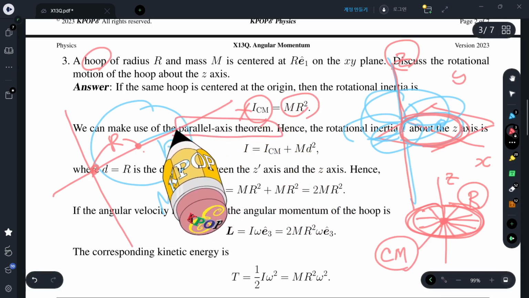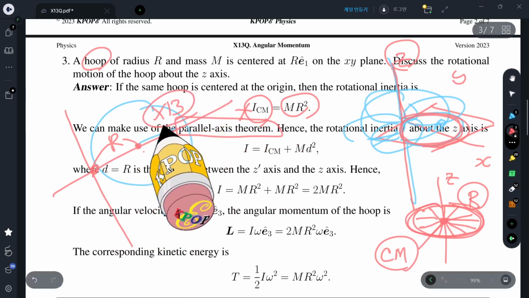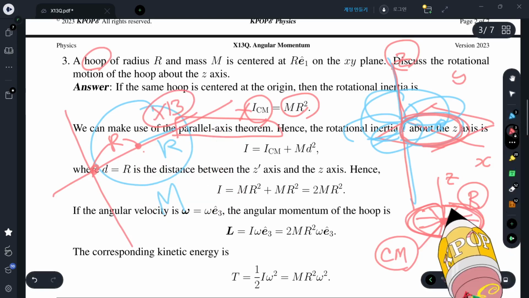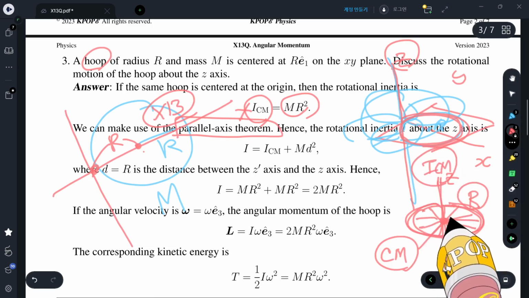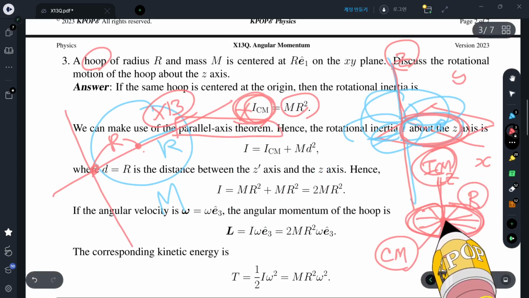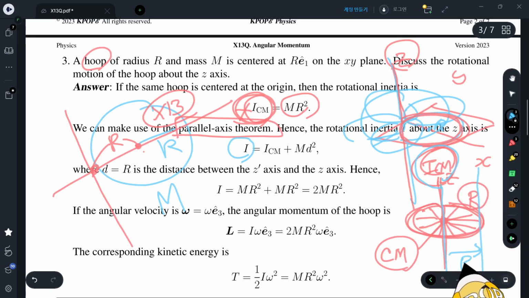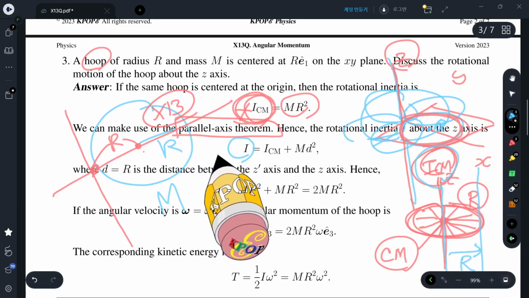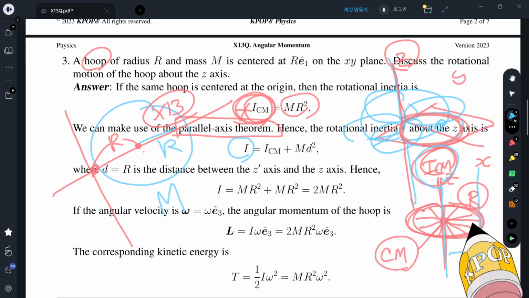We need to study the parallel axis theorem, which is given very well in X13. According to the parallel axis theorem, if I know the axis passing through the CM, and I have another axis that is parallel to this at a distance, here a distance r, then we don't have to evaluate the moment of inertia one more time.